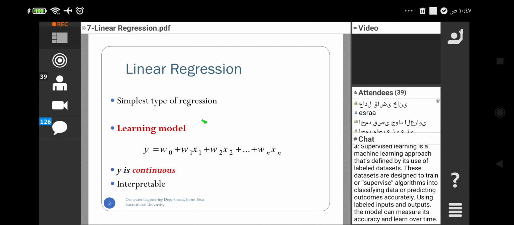We could use neural network for regression. We could use KNN for regression, but the algorithms are different. They have some differences when we are using KNN for classification and regression, but it could be used.